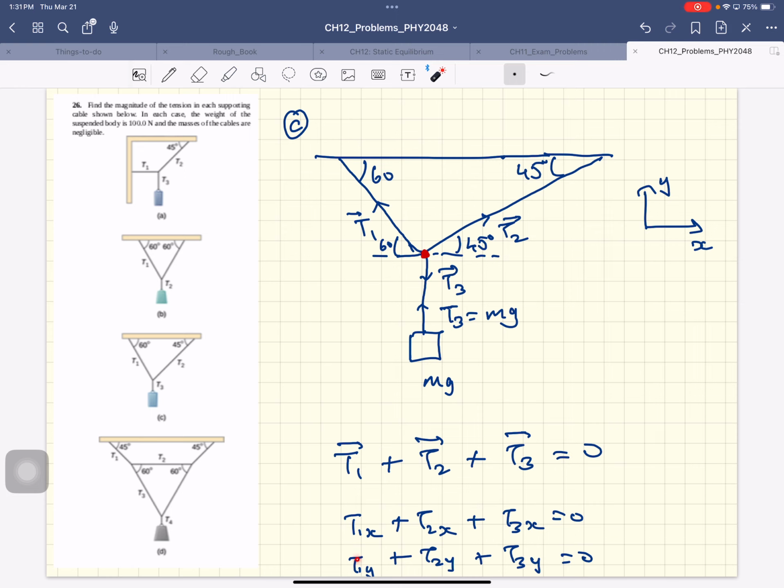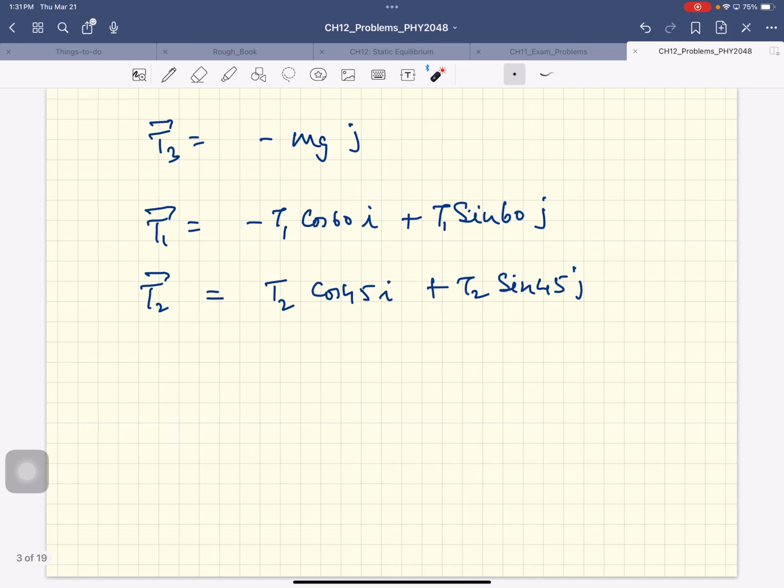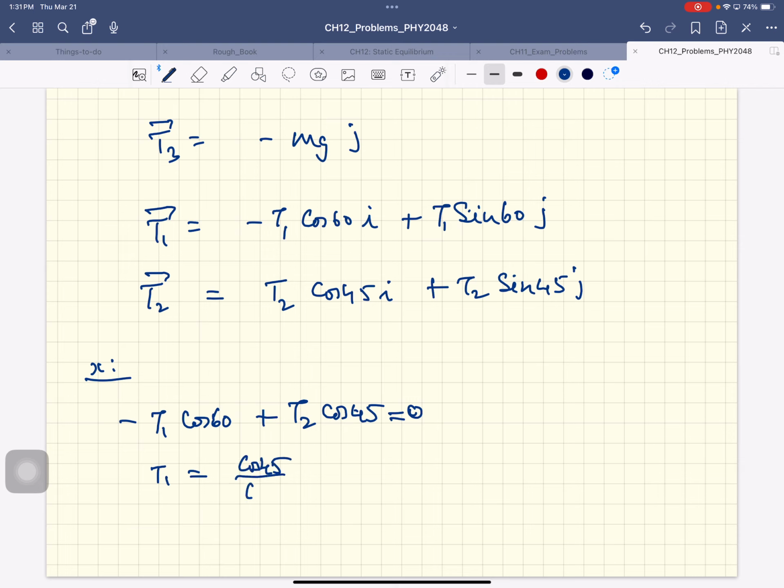So what is it that we want? Let's put all of that in there. T3x is 0, so T1x plus T2x should be 0. So from the x components we have minus T1 cosine 60 plus T2 cosine 45 equal to 0. What this gives you is T1 in terms of T2. So T1 is cosine 45 divided by cosine 60 times T2.